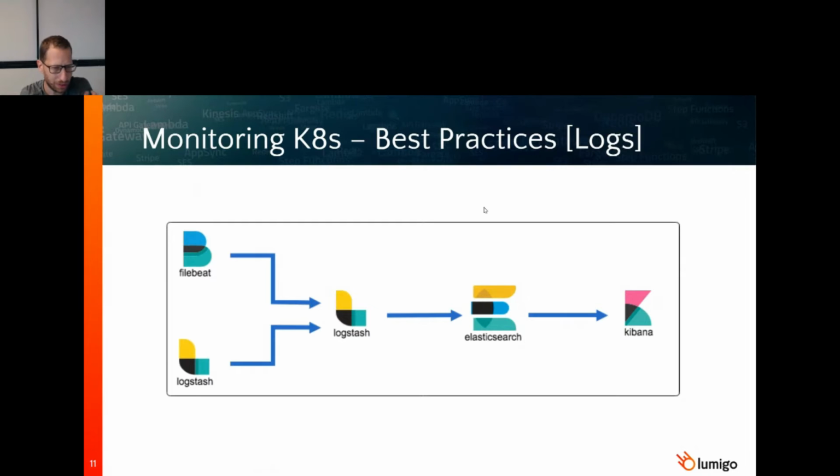When it comes to logs, there are also best practices here. Most of you probably know the ELK stack, and if not, that again should be the go-to simple solution, at least at the beginning, where you have everything forwarded through Logstash to Elasticsearch and viewed with Kibana, and this gives you very strong searching abilities.